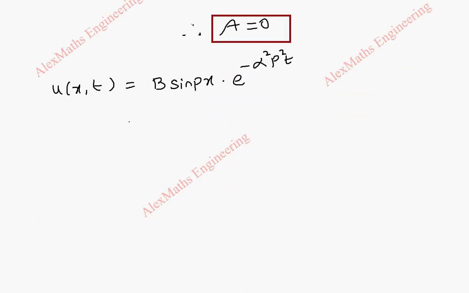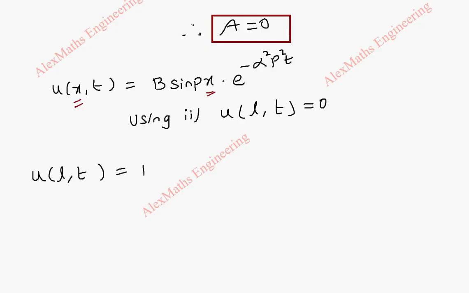Now we are going to use the second condition, U of L comma t is 0. Wherever x is there, I have to substitute L. So U of L comma t equals B sin PL into e power minus alpha square p square t, and this is 0.